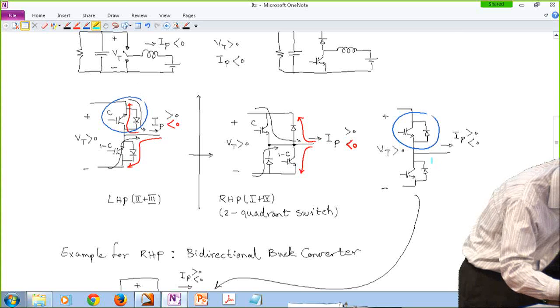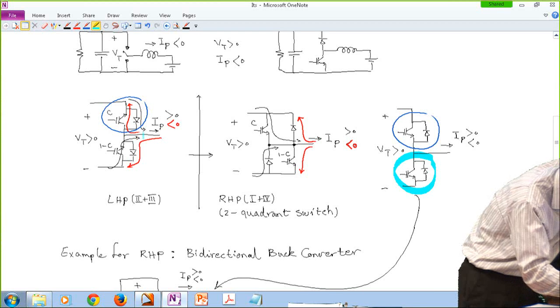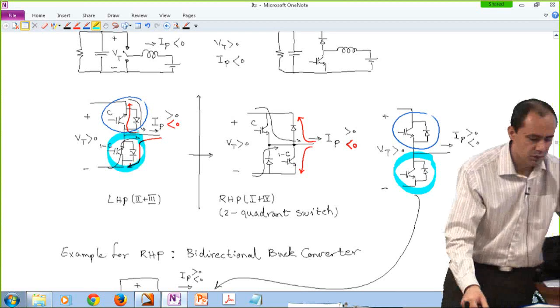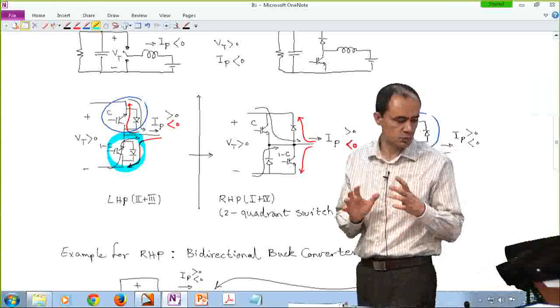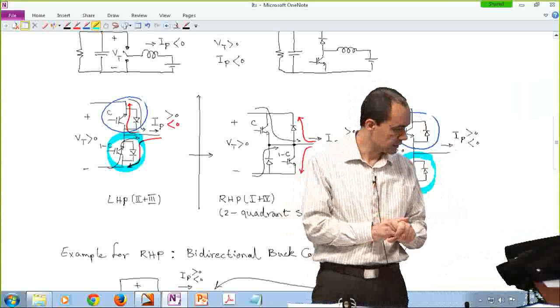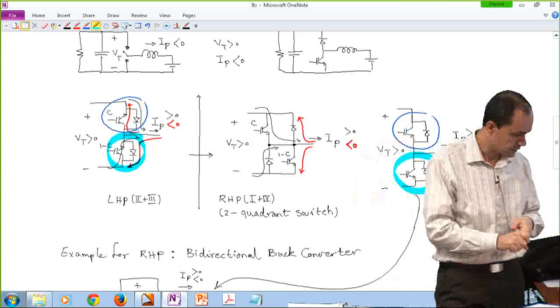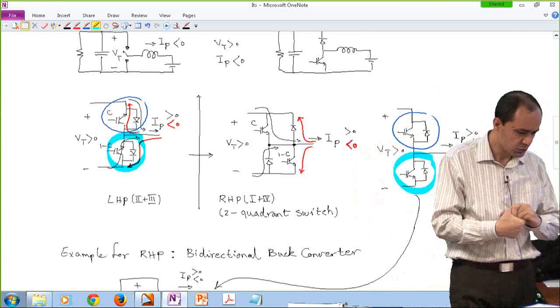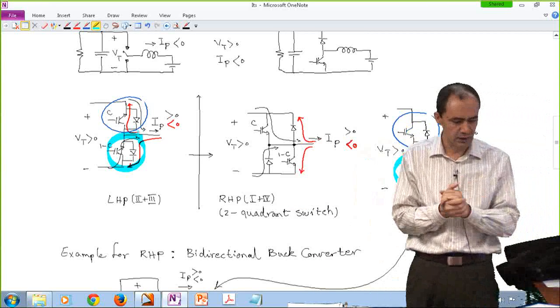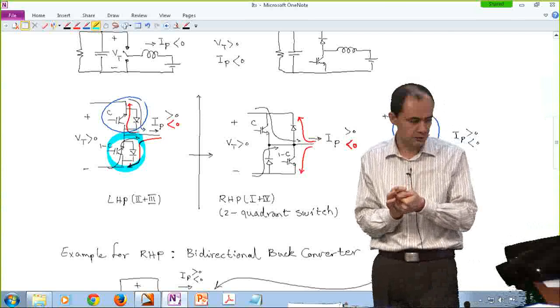And then I'm getting this element over here and putting it in series with this guy. So I put them in series to be able to handle any direction of the current and any polarity for the voltage.